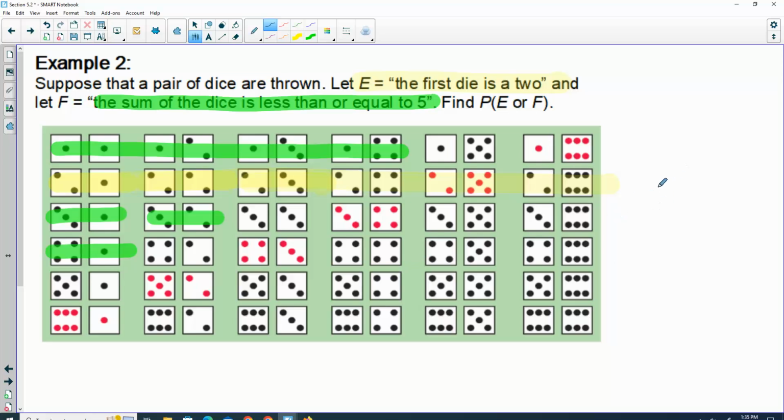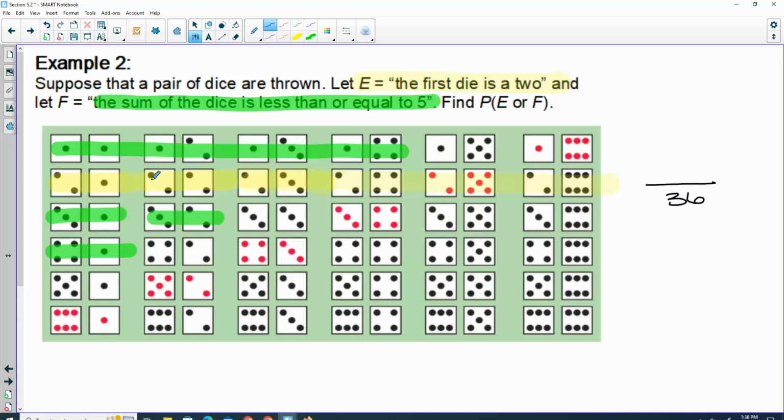Okay, so if I'm trying to find the probability of E or F, we could try to do the formula, but we can also just count here. So thinking about yesterday, how many different combinations were there? I think there's 36 combinations. There's 6 for the first, 6 for the second. So we have 36 different.